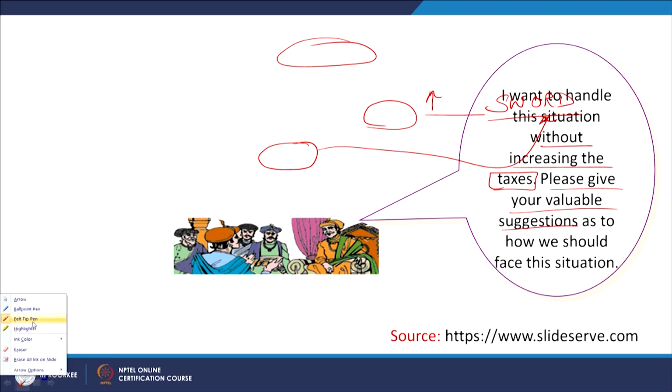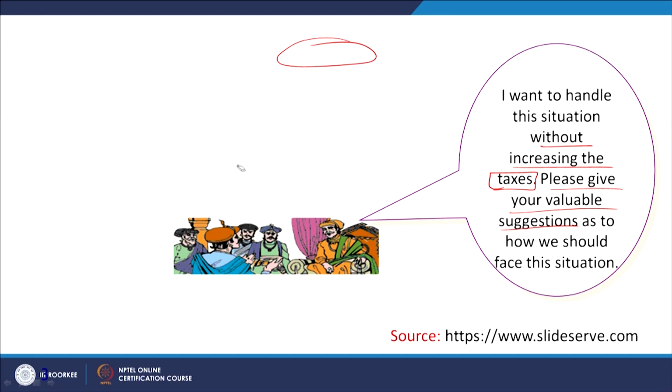This is the challenge with the king: he wants to increase the number of people serving in the army, and he doesn't want to increase the taxes on the common man. So this is the problem.